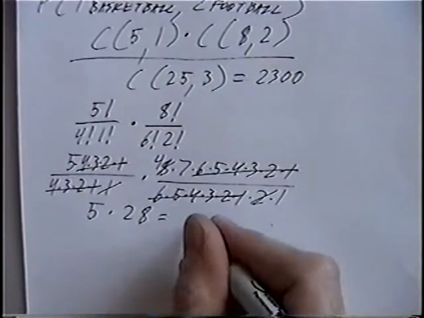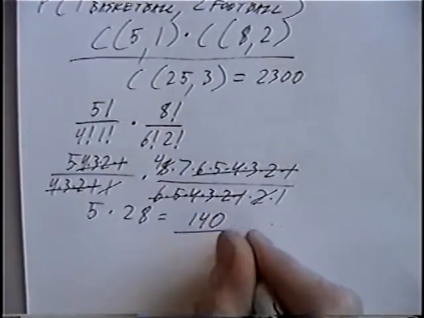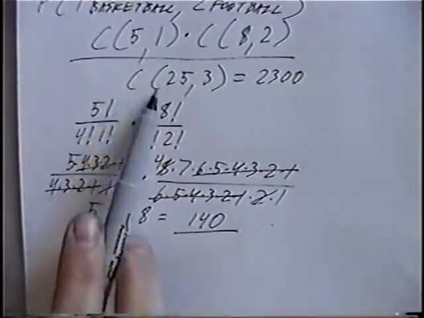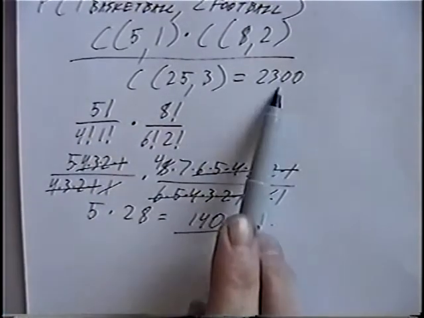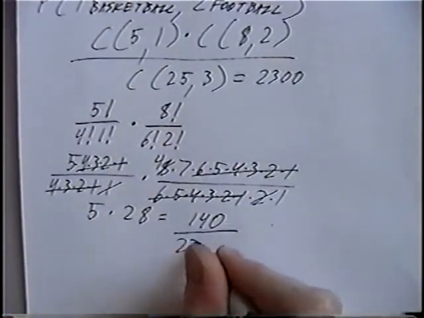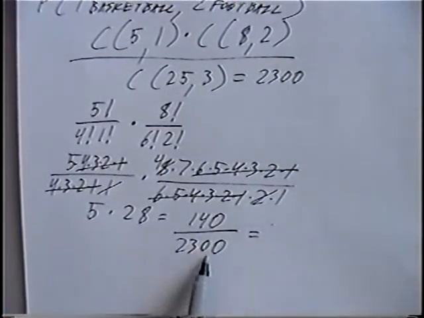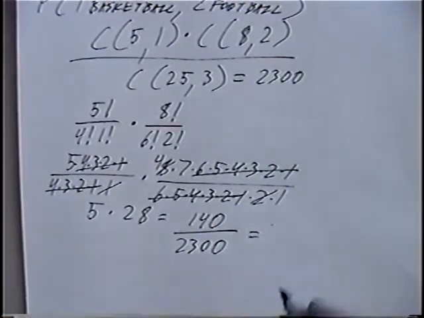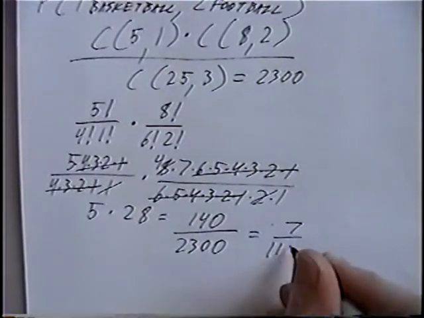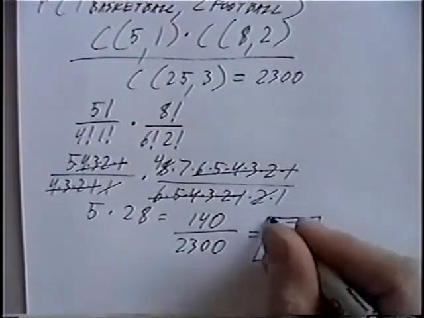Multiplying that out gives us 140 for the numerator. Again, combination 25, 3 we solved in the previous problem was 2300. Reducing this, you can divide each of these by 20, and your final answer would be 7 over 115.